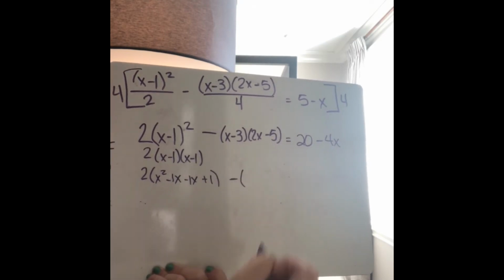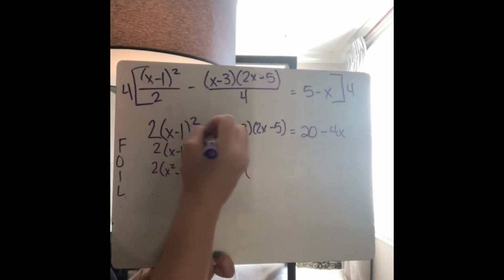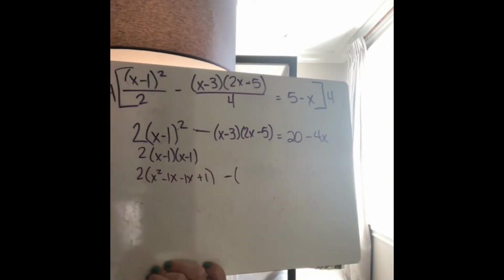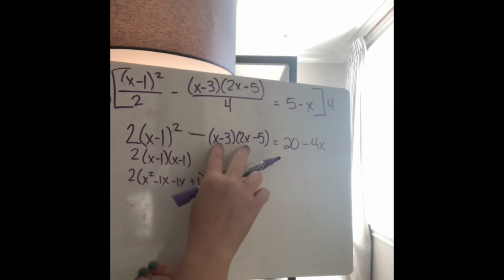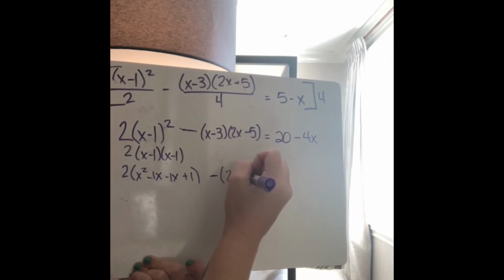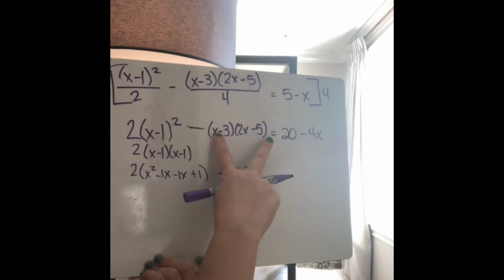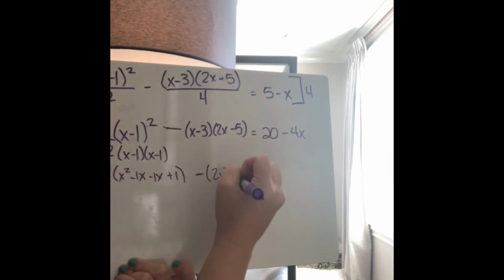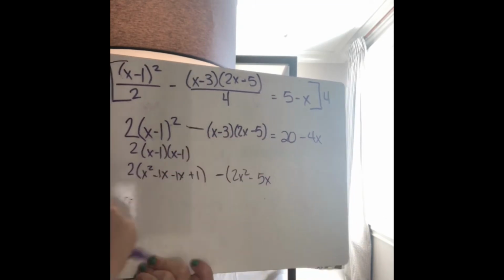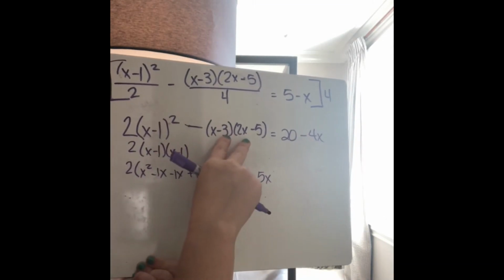I'm going to put this in parentheses too because of the subtraction symbol. I'm going to FOIL it first, and then I'll apply the subtraction symbol on the next step. So first terms, x times 2x is 2x squared. The outer terms, x times negative 5 is negative 5x. And then the inner terms, negative 3 and 2x.